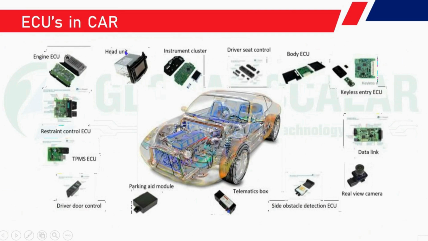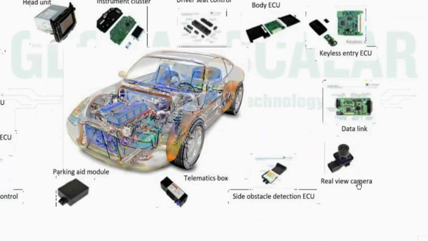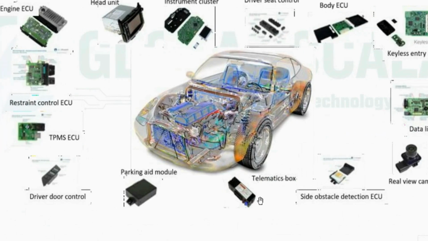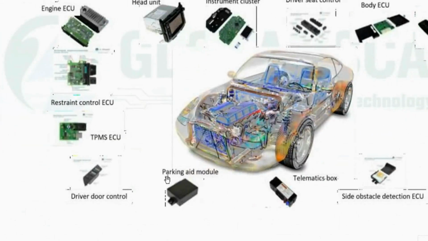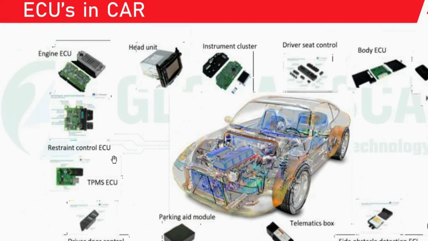Engine ECU, head unit, instrument cluster, driver seat control, body ECU, keyless entry ECU, data link, rear view camera, side obstruction detection ECU, telematics box, parking head module, driver door control, TPMS ECU, restraint control ECU.